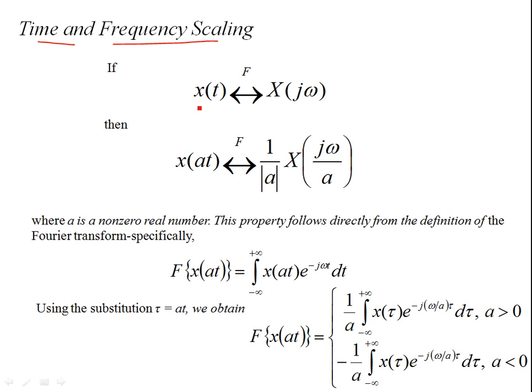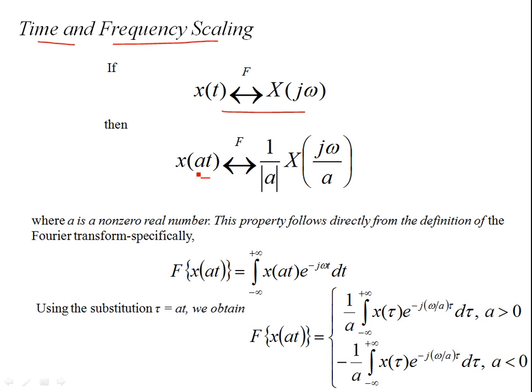What it says is that if x(t) has a Fourier pair with capital X of j omega, then if you scale the time by some real number a, the Fourier pair will be 1 over modulus of a times X(j omega by a). It simply means that, for example, if a is greater than 1, there is a compression in time.